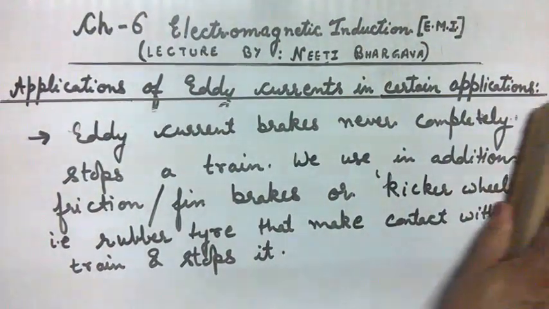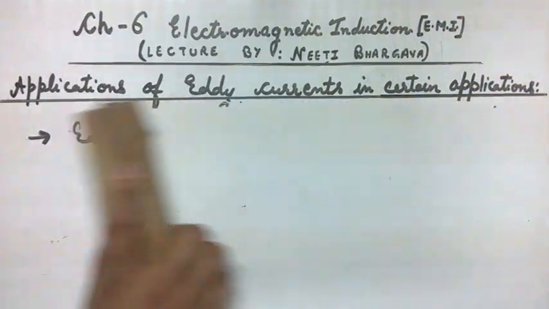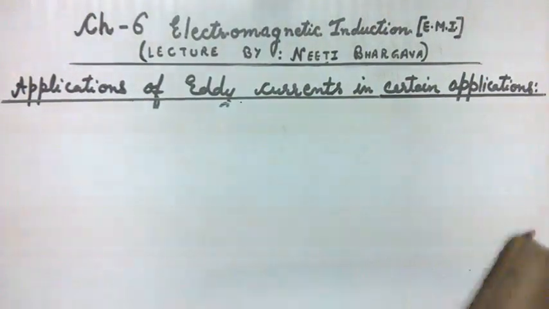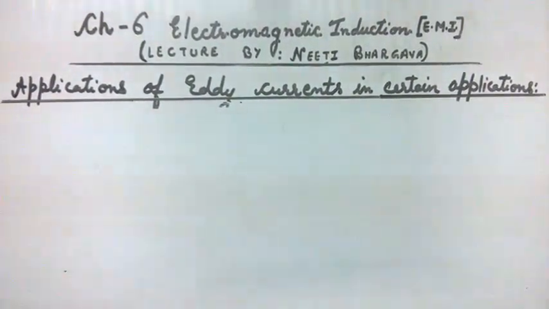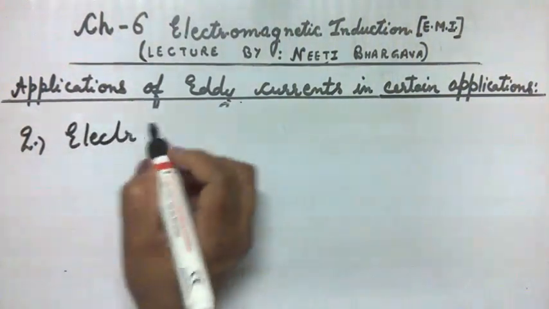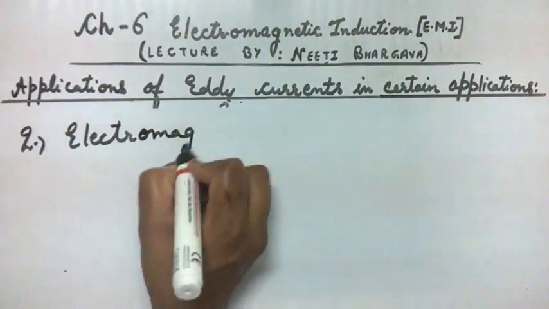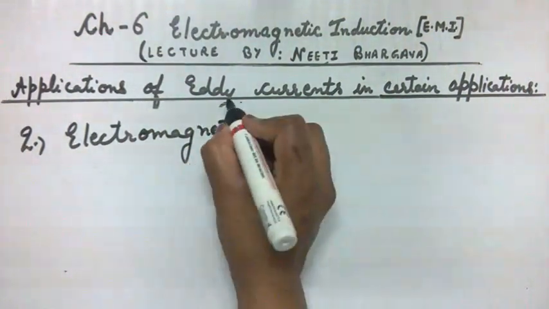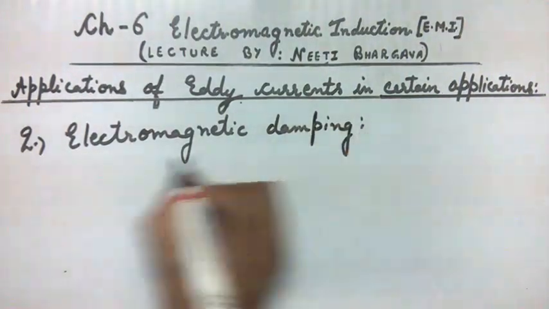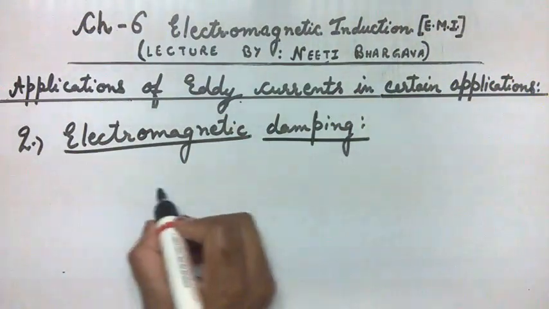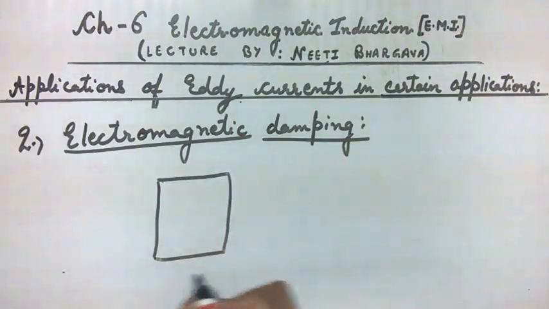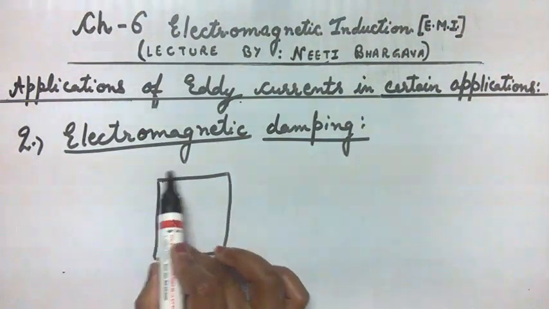Its second application is that we use it in the moving coil galvanometer to make it a deadbeat galvanometer, and this application is known as electromagnetic damping. We have studied that we use a non-magnetic frame on which we wound a number of conducting coils, and make a metallic core.